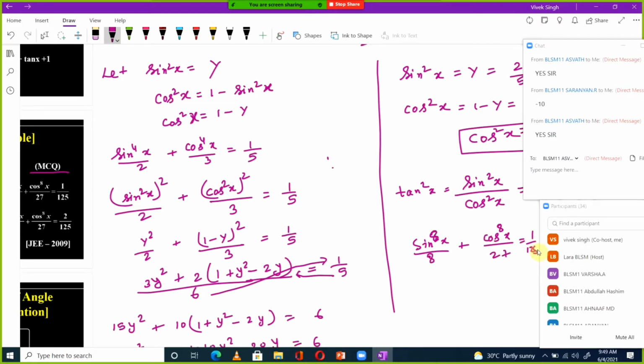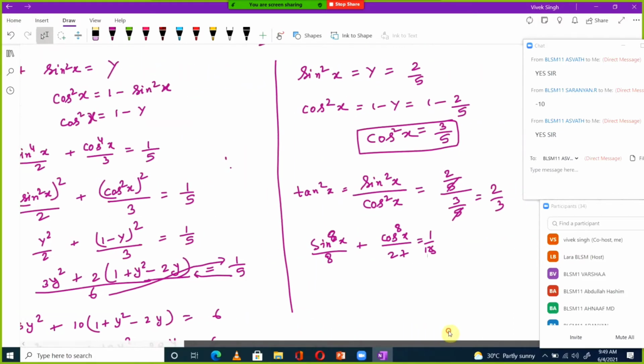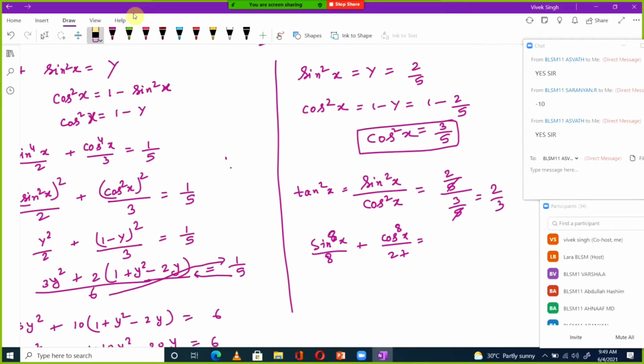We will check whether it is correct or not. So I will find out the value of this sin to the power 8x divided by 8 plus cos to the power 8x divided by 27. Okay, we will check how much we are getting. If you get 1 by 125, then it will be correct.